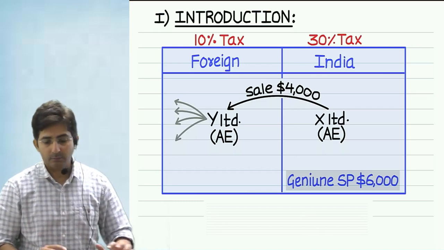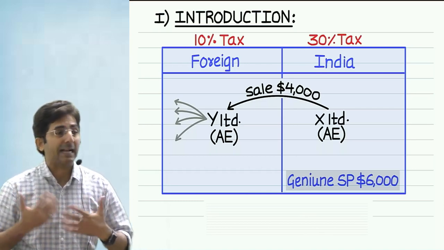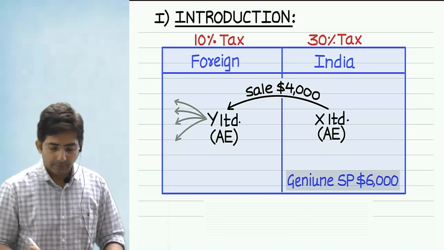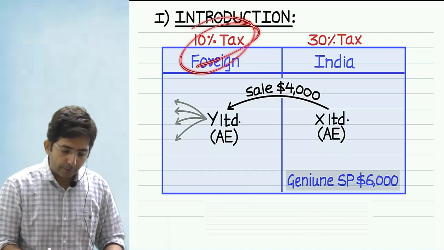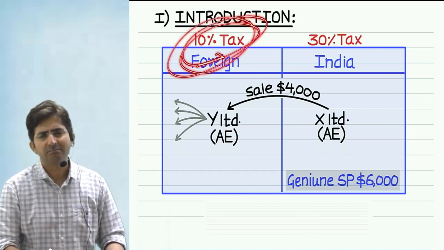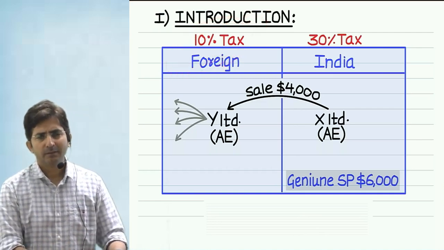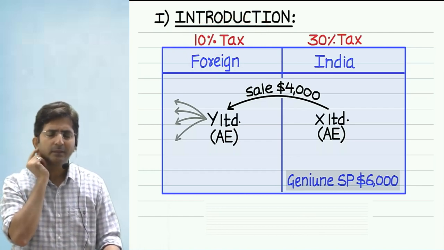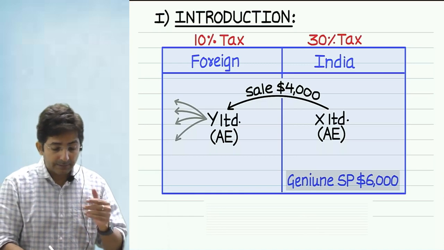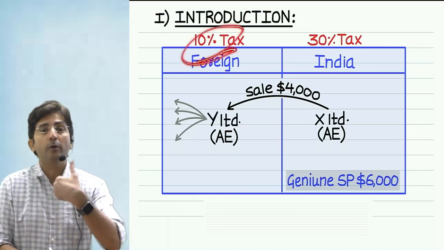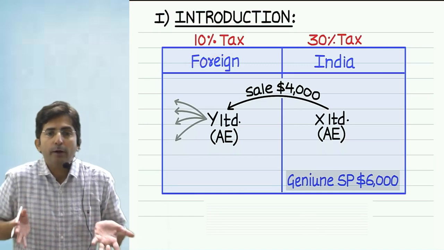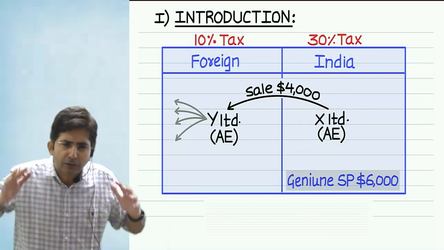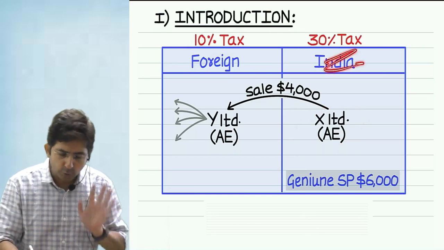Because only if the advantage of tax rate is there, it makes sense. So tell me, had it been like this, in the foreign country also the tax rate is 30%. So is there any point in doing the cheating? No point. Why? Because imagine in the foreign country also the rate of tax would have been 30%. Then there is no point in cheating, because if X Limited reduces the profit, its tax will reduce by 30%.